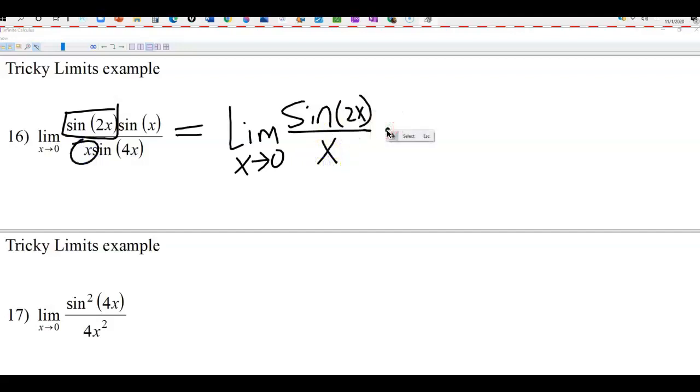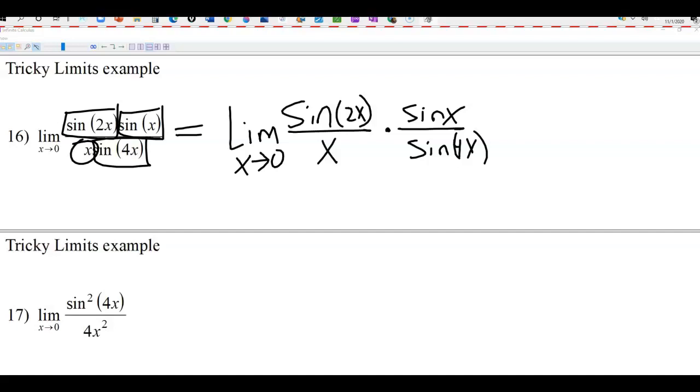And then I'm going to put a times symbol, and then I'm going to take the other factor on the top and put it over the other factor on the bottom. So all I've done is I've split my fraction up into two separate fractions that are being multiplied together, and that's just an algebraic move.